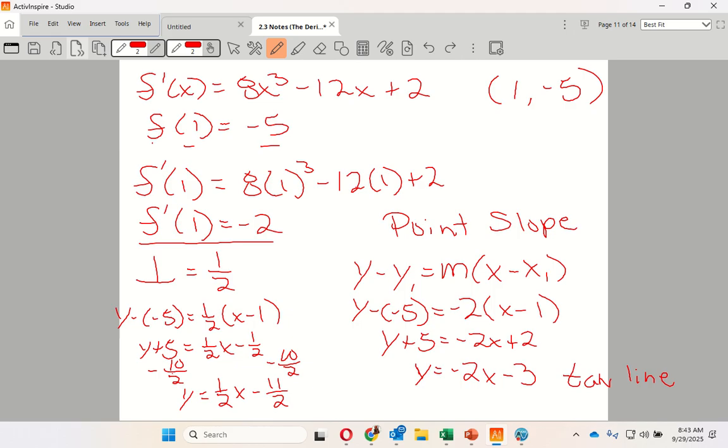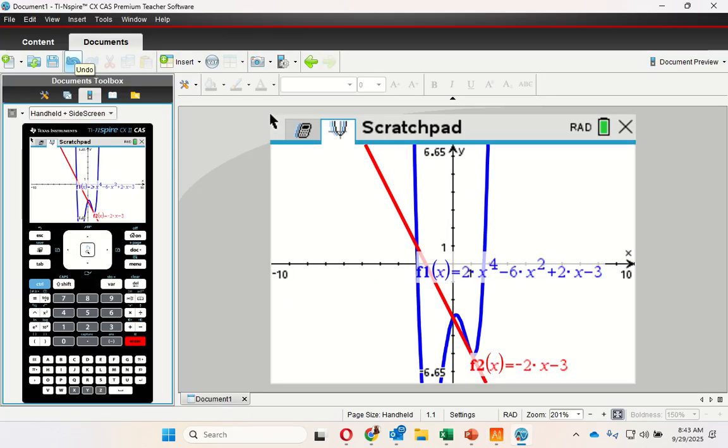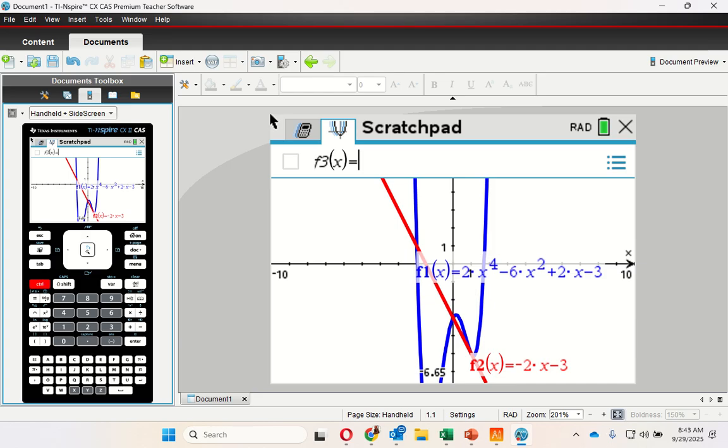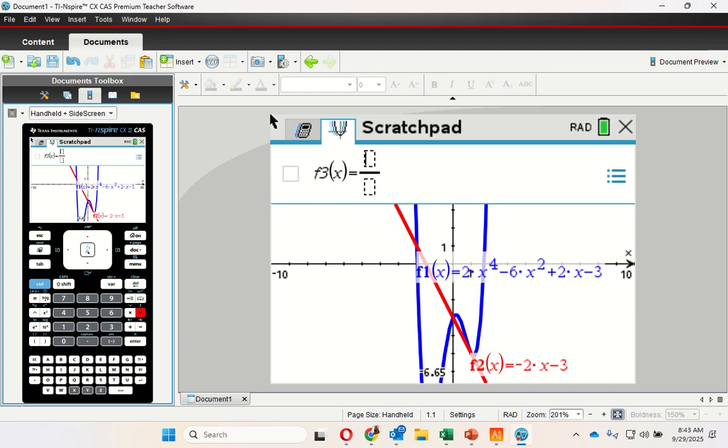Yeah, negative 2x minus 3. So there's my tangent, and then I need to put my normal line also: 1/2 x minus 11/2. Hit tab and control divide.